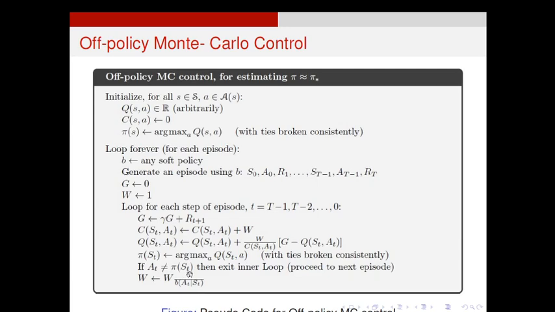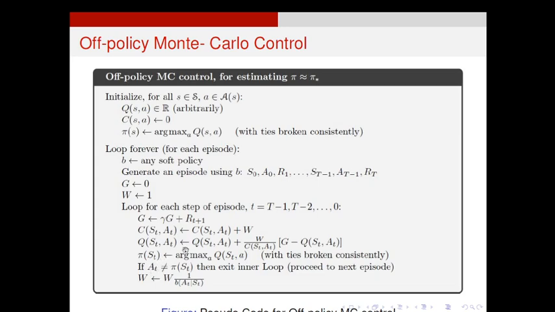What does it mean? AT means the action that happened at this state ST. That is not equal to pi of ST. That means AT, the action at ST, is not the maximal action. Pi is our original policy, so pi of ST is the action in the original policy.